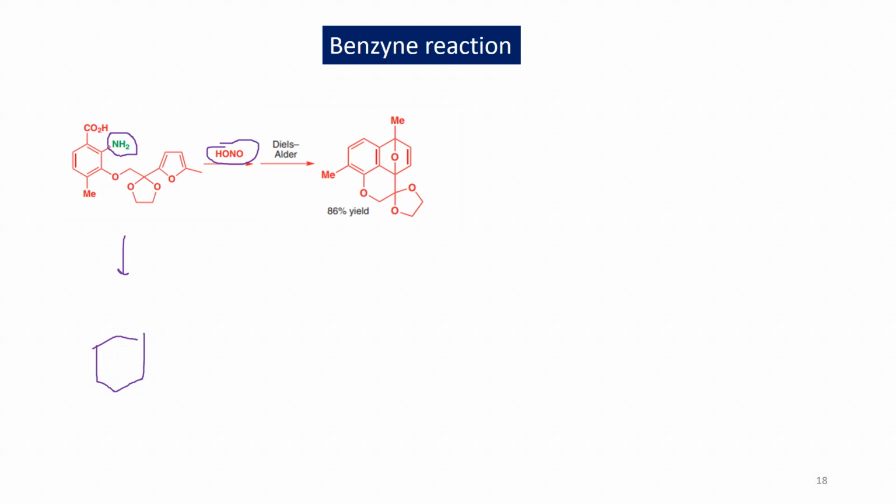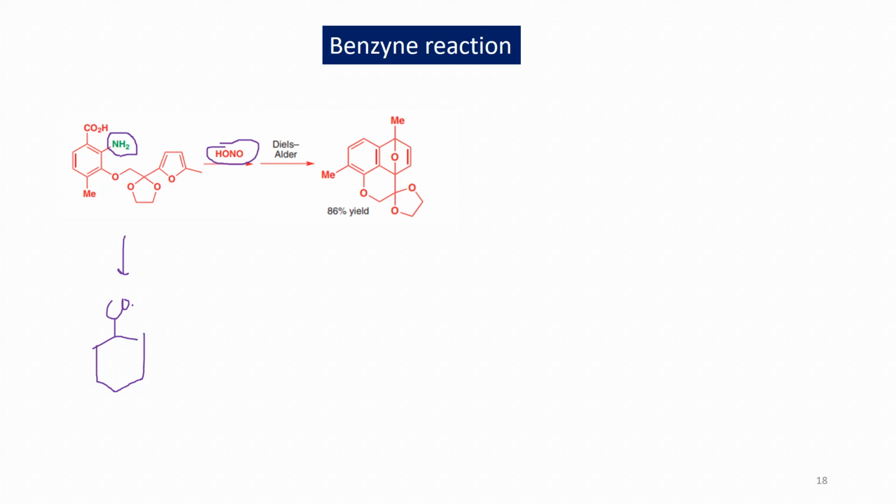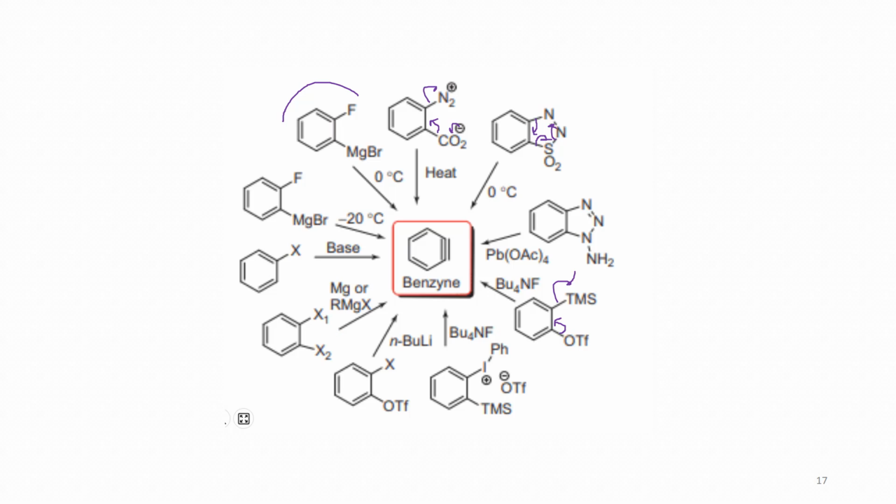So it will form... now here you can see a diazo compound with a carboxylic acid adjacent to that forms a benzyne.